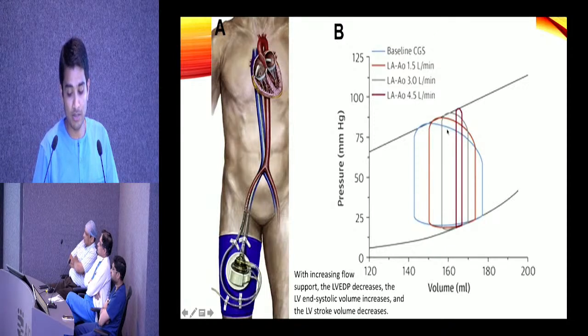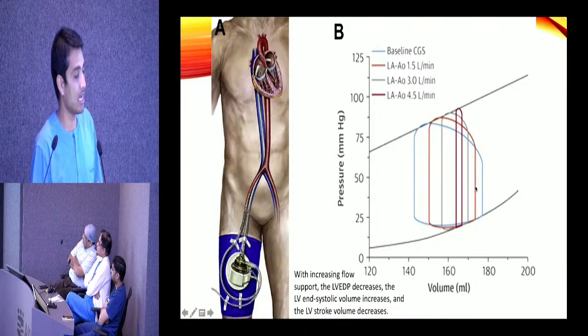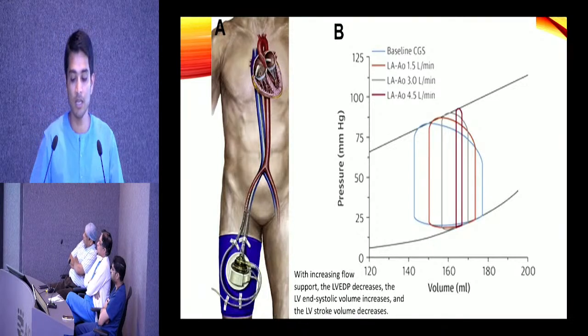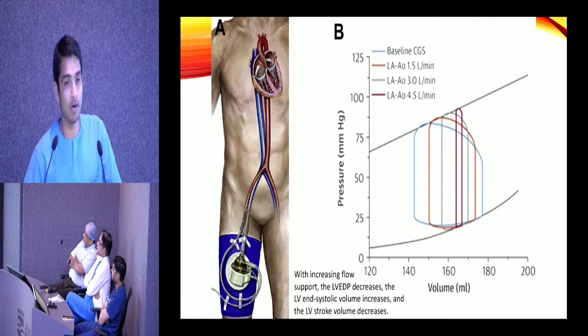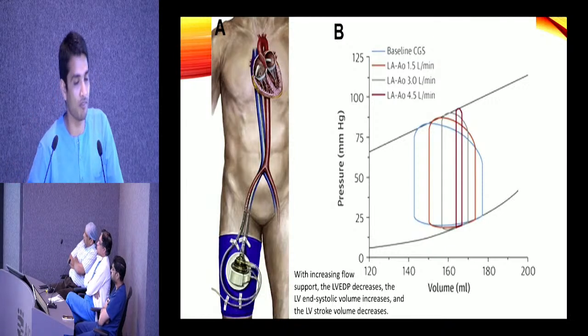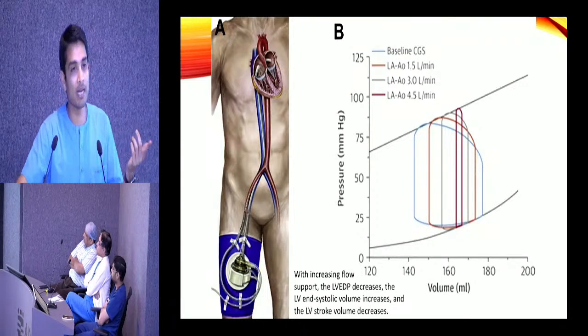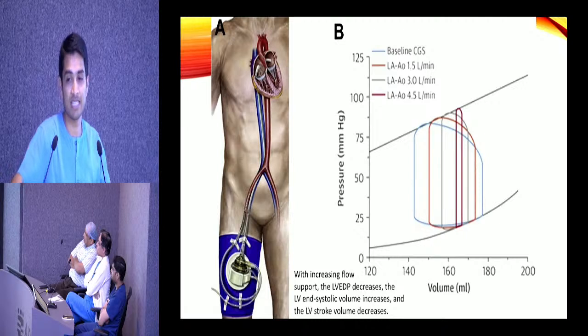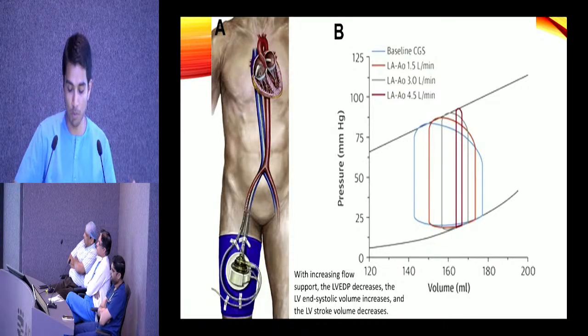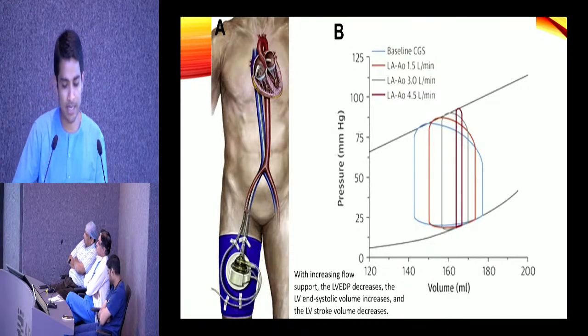As the flow increases, you see the pressure volume loop area actually narrows down. That means myocardial oxygen consumption is the least with the Tandem Heart. This is for a given flow of around 4 liters. But when you look at, say, the Impella 5, which is giving 5 liters, or one of the central ECMOs, which is giving even more support, there the rest that the heart gets is even more. So that's the one difference here.